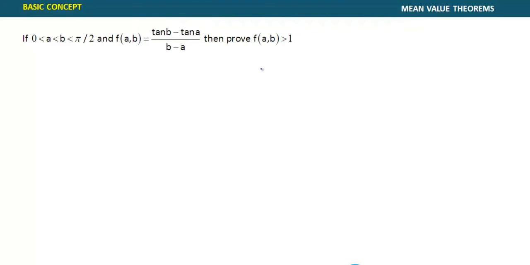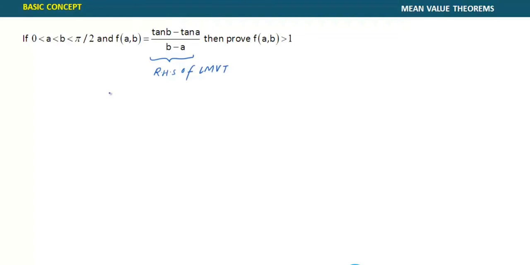So if you see, first of all, nowhere is it mentioned that you have to use LMVT or Rolle's theorem in these kinds of questions. But if we check, this particular expression here is the RHS of LMVT, right?